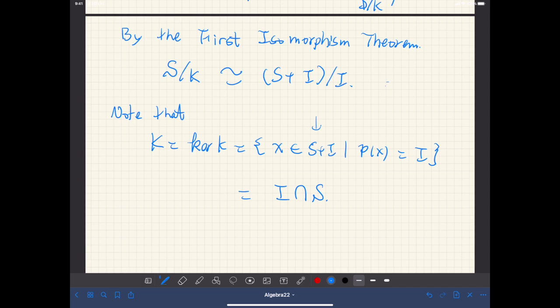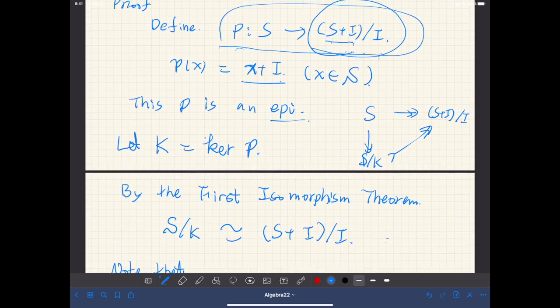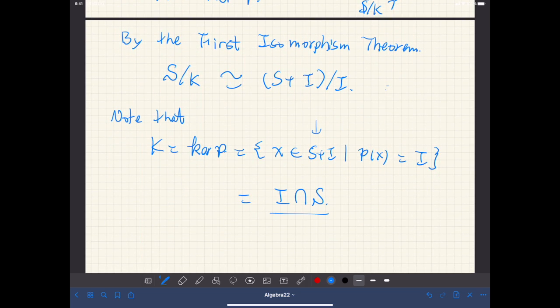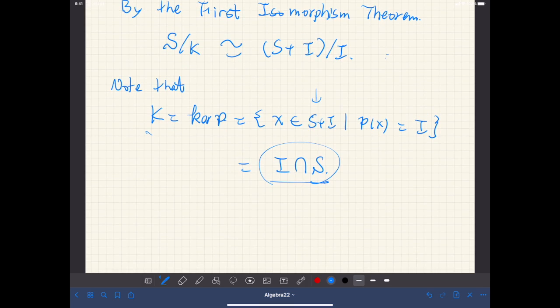Sorry, this is not K, it's P. The kernel of the mapping P should be S cap I. Replacing K with this, we have S by S cap I isomorphic to S plus I over I. So we are done.